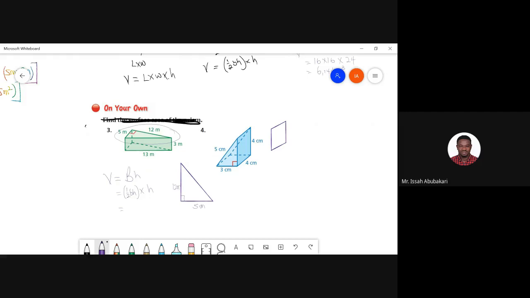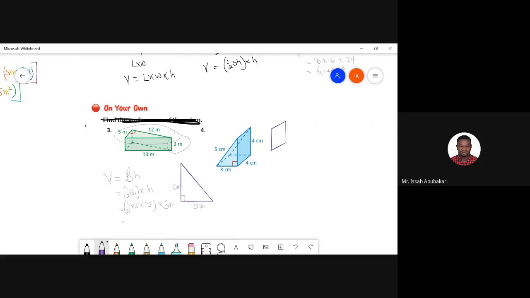So this is what's going to be calculated as the base area. Then we have half base, the base is 5, times the height, which is what? 12 meters. So this will be the base area. Then we multiply this by the height of the prism, which is 3 meters.